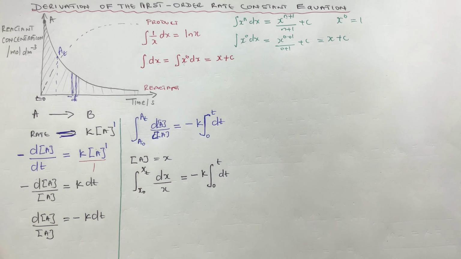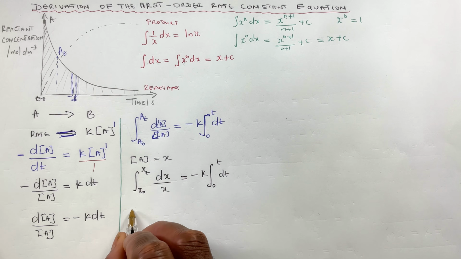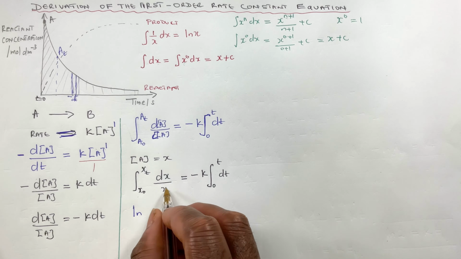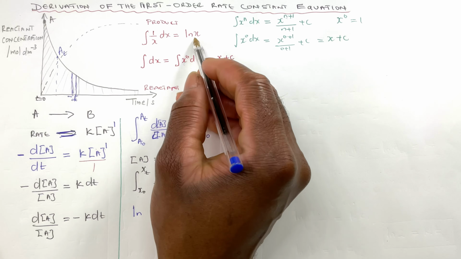So to now do this one here, that integral would be ln x: 1 over x dx, the integral of that is ln x.